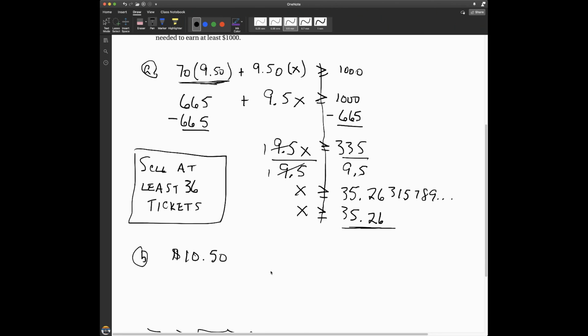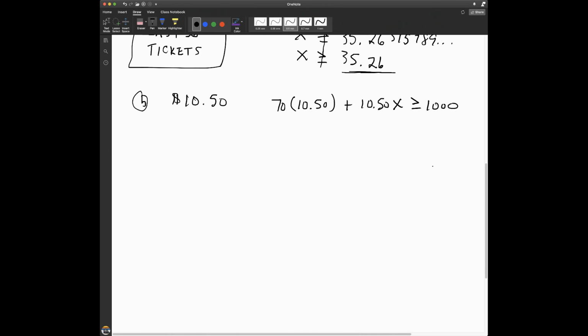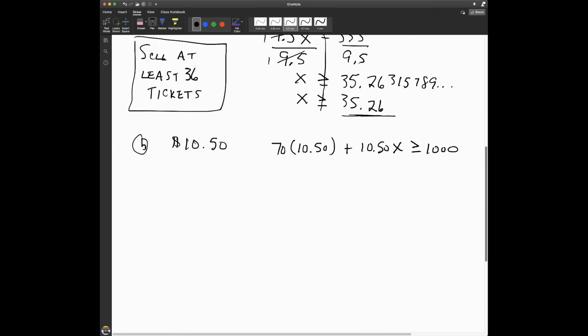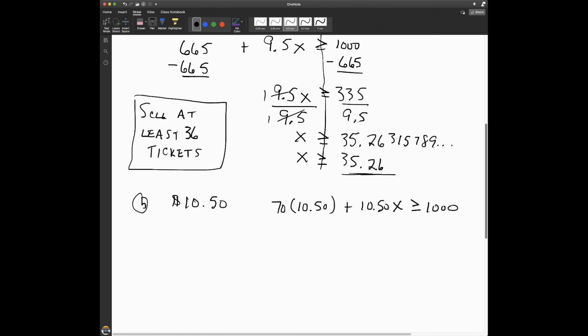It would be 70 times $10.50 plus $10.50 times x, and that has to be greater than or equal to $1,000. So do you think that we would have to sell more tickets, or could we sell fewer tickets to reach our goal?